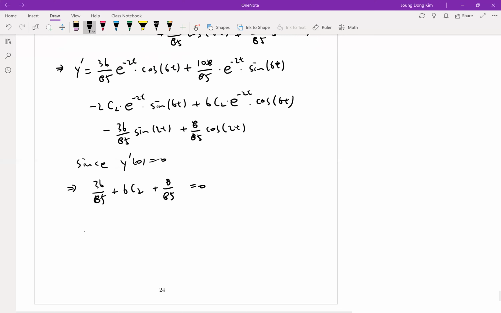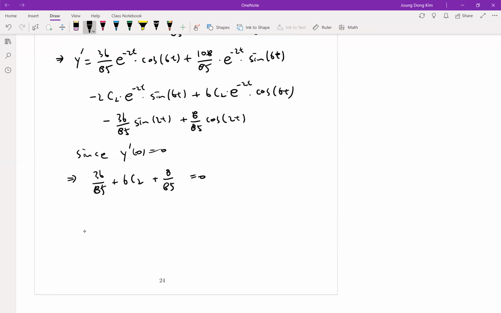We are here now. Then 6 c2 is equal to negative 44 over 85. Then finally, c2 is divided by 6 top and bottom.